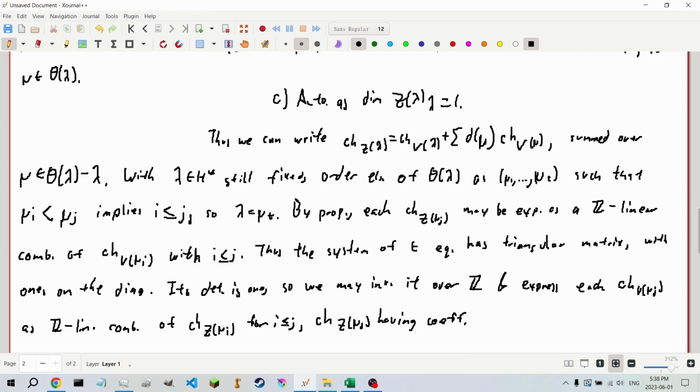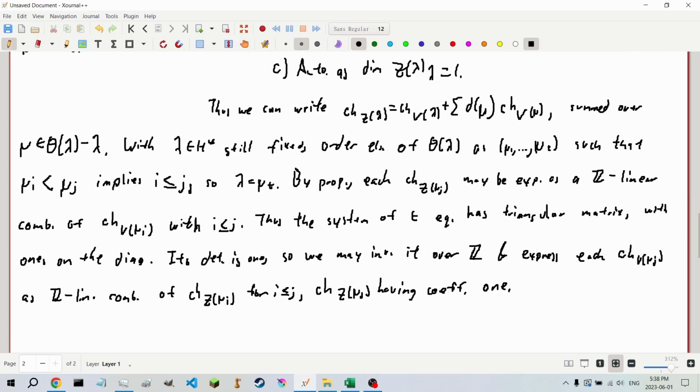And this doesn't guarantee positivity of our coefficients anymore, just that they will all be integers.